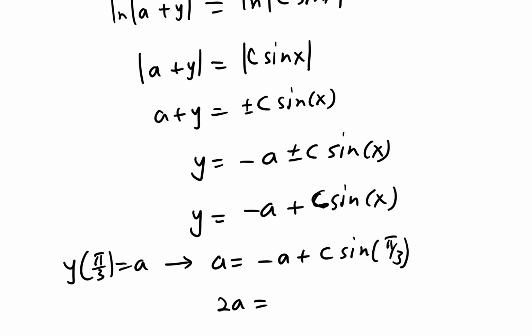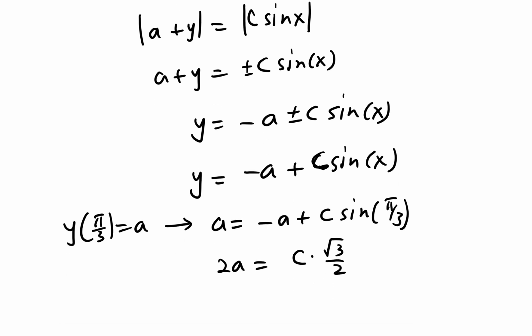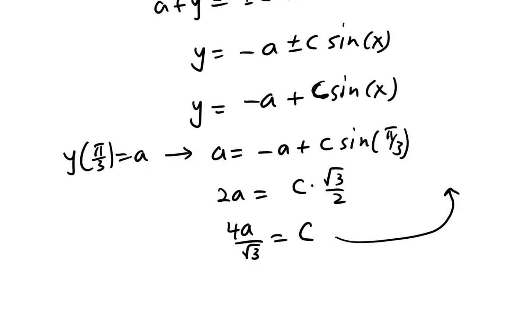So add a to both sides. Sine pi over 3, sine 60, is root 3 over 2. Multiply by 2, divide by square root of 3, that gives me the c value. Then you can substitute this back in to get y equals negative a plus 4a over square root of 3 sine of x.